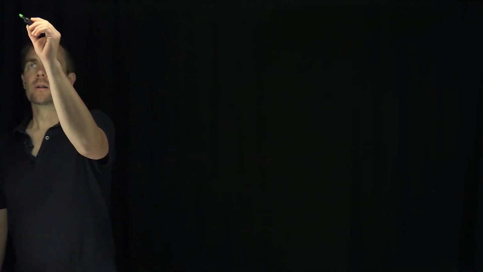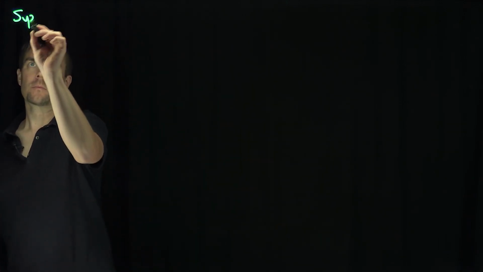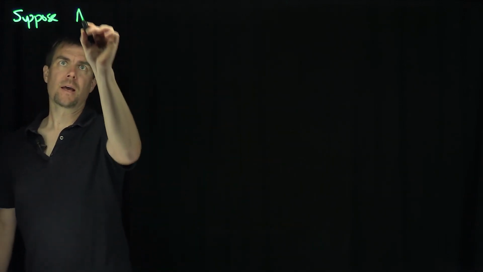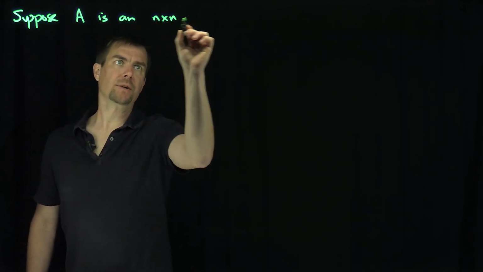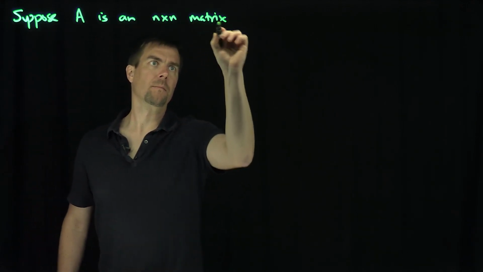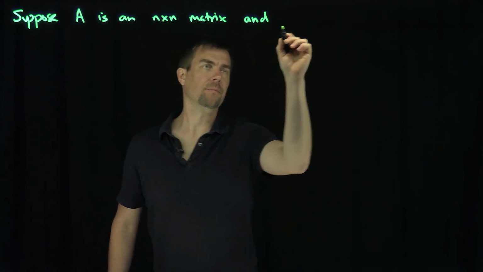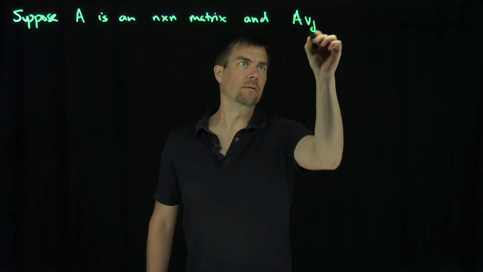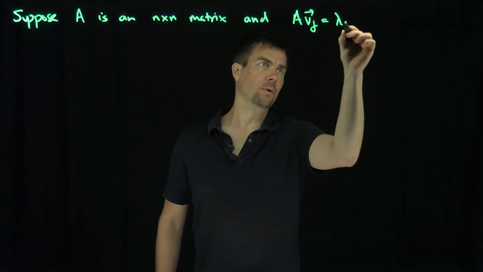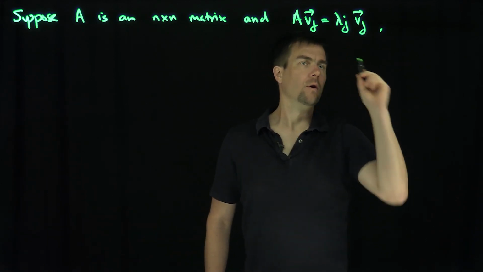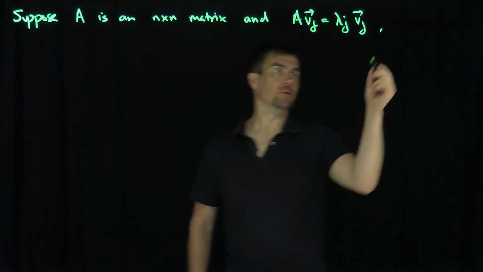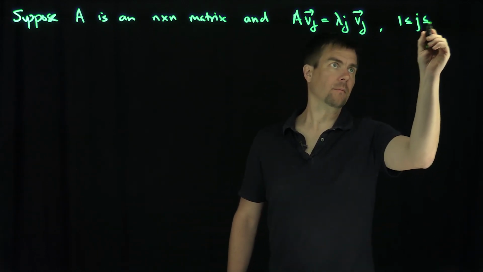Hello students, in this video we'll see how the eigenvalue problem can help us to diagonalize a matrix. Let's suppose A is an n by n matrix and A of Vj is equal to lambda j Vj, for j going between 1 and n.